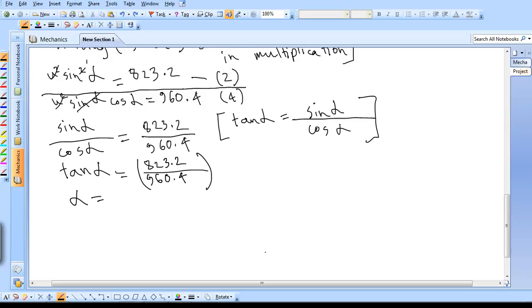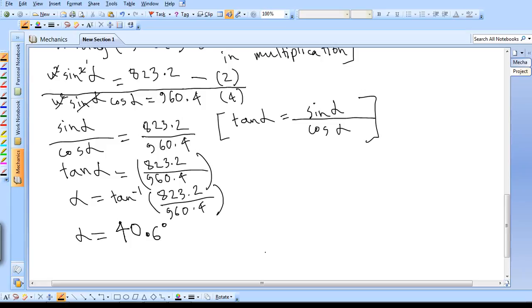So we will change the side of tan. So we will get alpha equals tan inverse 823.2 divided by 960.4. If you have calculated, you will get alpha as 40.6 degree.